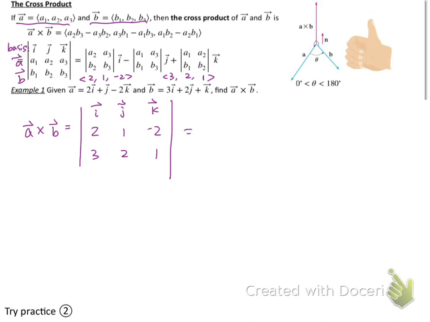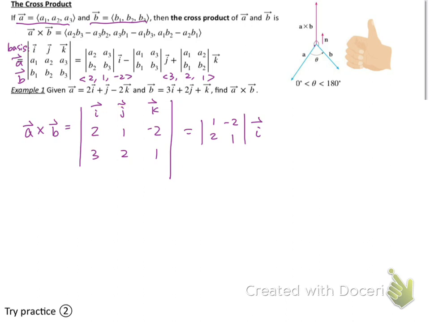Then it equals, I fix my i, but since you are not going to really multiply i, j, and k, you can leave them at the end instead of the beginning. If you want to put them in the beginning, I don't mind. But personally, I prefer coefficient, then the variable. That's why I prefer to put i later. So I have, taking that row and column away, 1, 2, negative 1, 1, then my vector i.